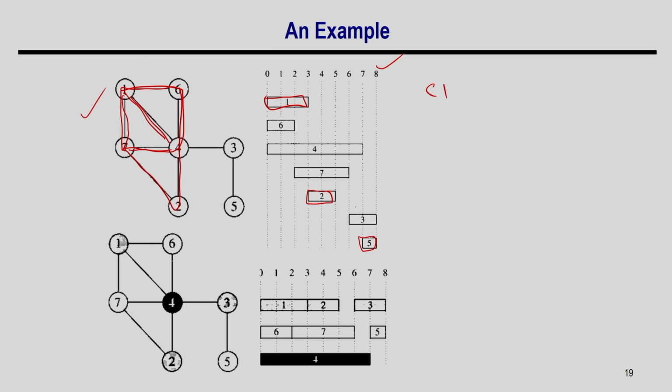So, 1, 2 and 3 can be mapped to color 1, then 6, 7 and 5, which are non overlapping, can be mapped to color 2, and 4 can be mapped to color 3. And this is the coloring.